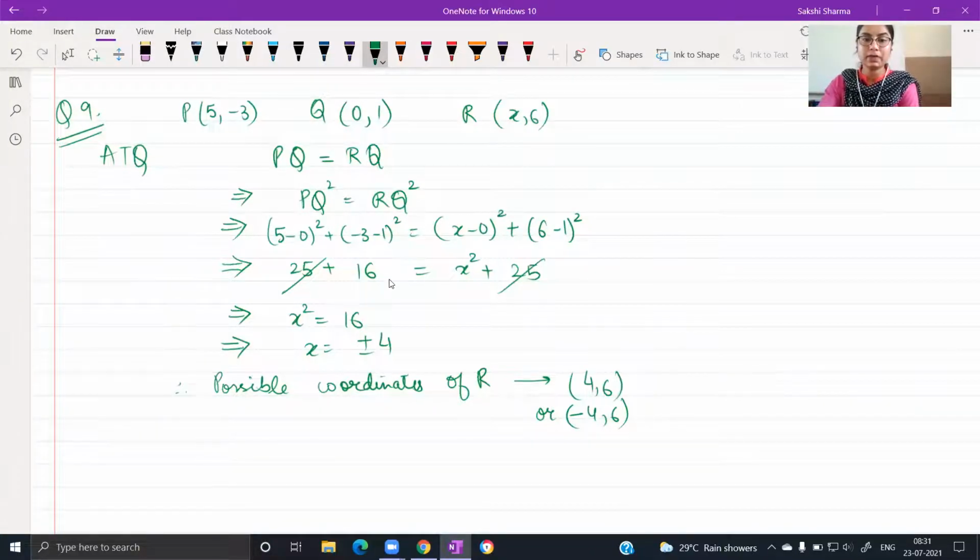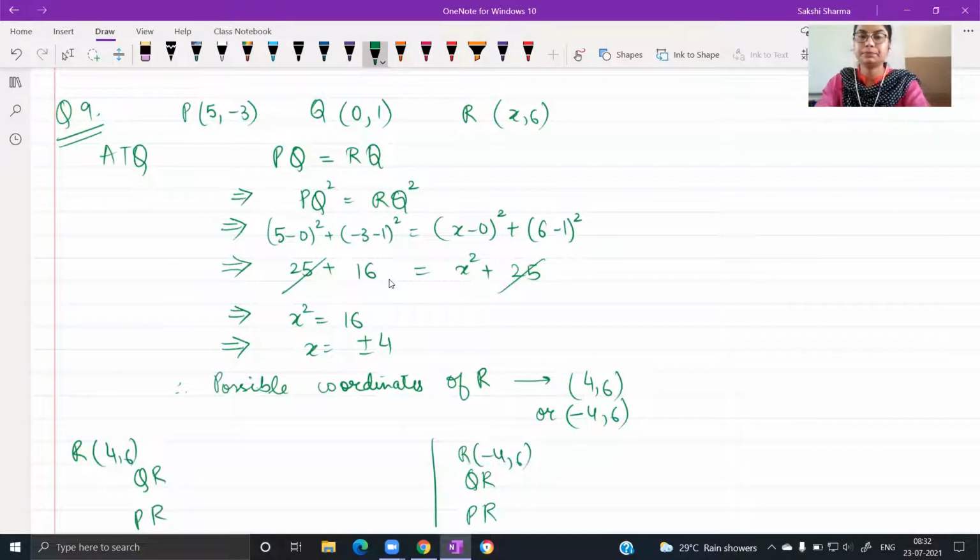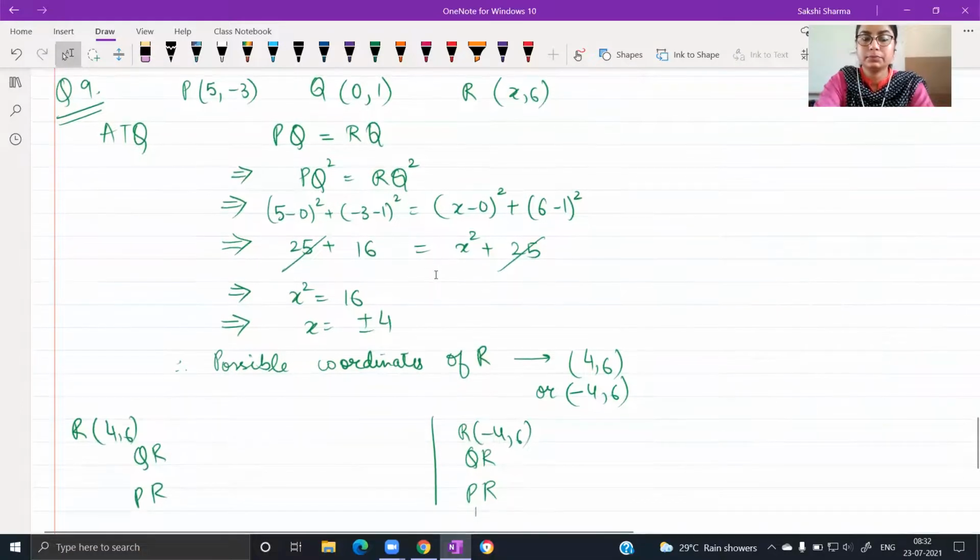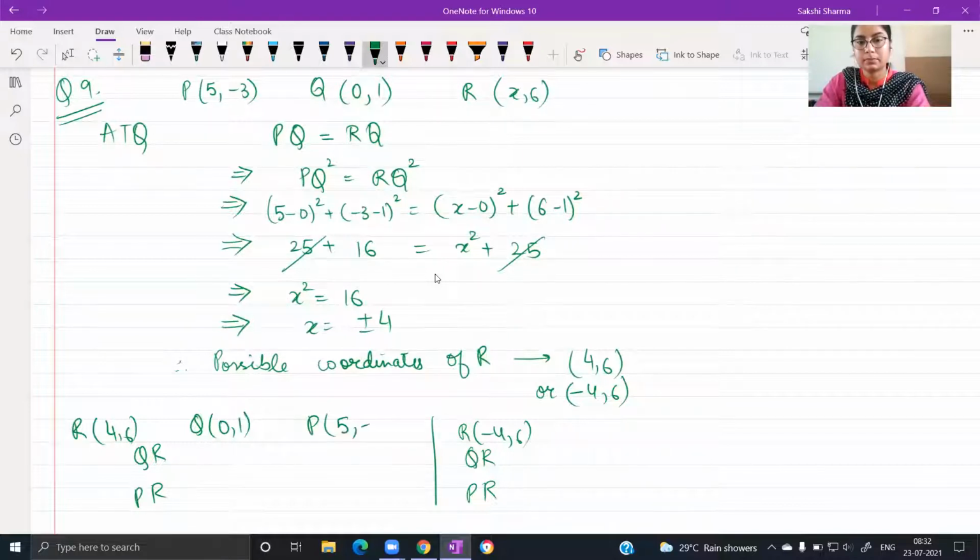So with both possible values, take R as 4, 6, and find QR and PR. And by taking R as -4, 6, you have to again find QR and PR. Calculate and tell me what the answer is.